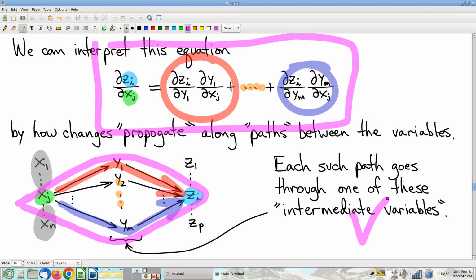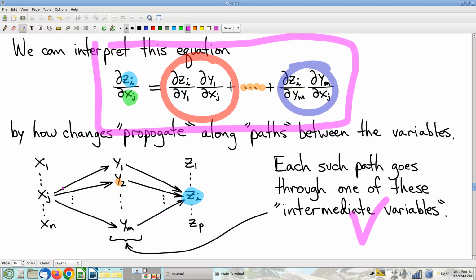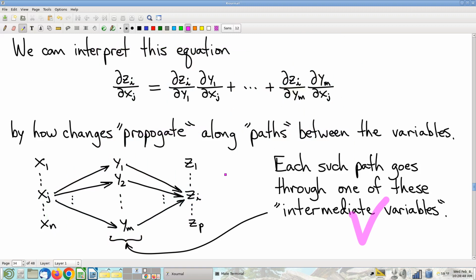All right. So what this means then is if you want to write down the chain rule as pertains to a particular single partial derivative, really all you have to do is identify what your intermediate variables are. You're going to get a term corresponding to each one of those intermediate variables. For example, the Y1 intermediate variable gives you what I'm going to call a Y1 term.